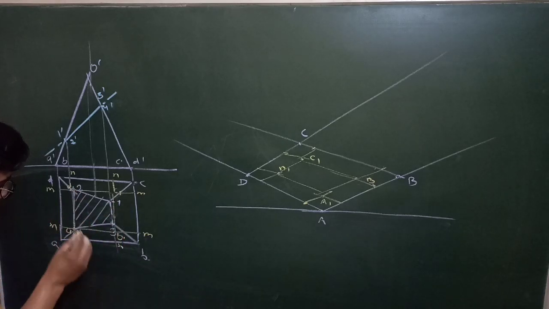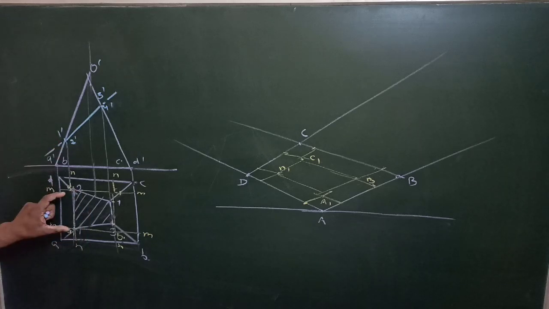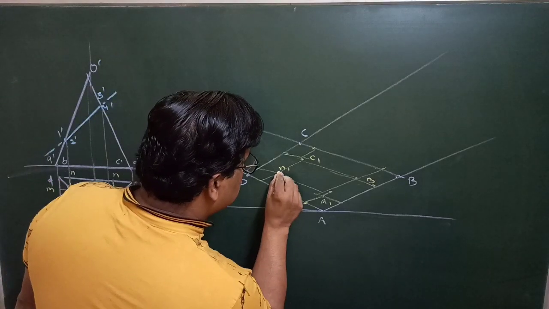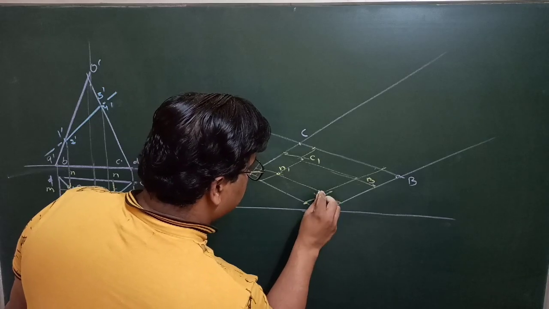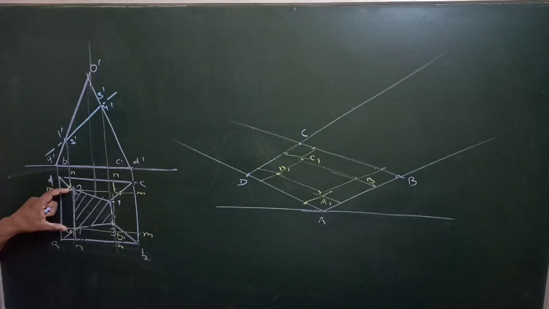So this 1 and 4 is the same. 1 and 2 are already obtained because these are the corner points. So this is 1 also and this is 2 also. We have taken 1 this side and 2 this side, I think.